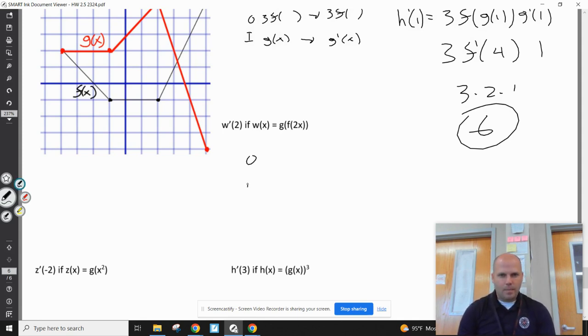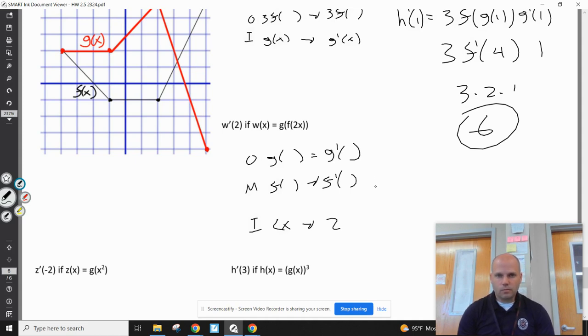O, M, I, g parentheses, f parentheses, 2x. 2, f prime, g prime. Okay, so I get g prime of f of 2x, what started in the parentheses stays in the parentheses. F prime of 2x times 2.